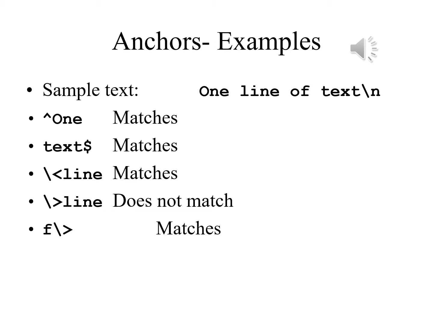Backslash less than line matches because this is how the word begins. However, backslash greater than line does not match. F backslash greater than matches because it finds this at the end of the word of.